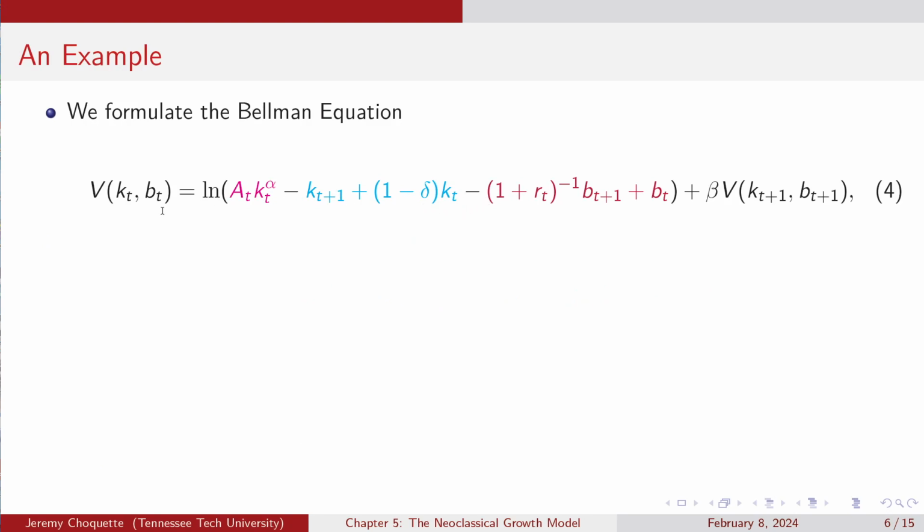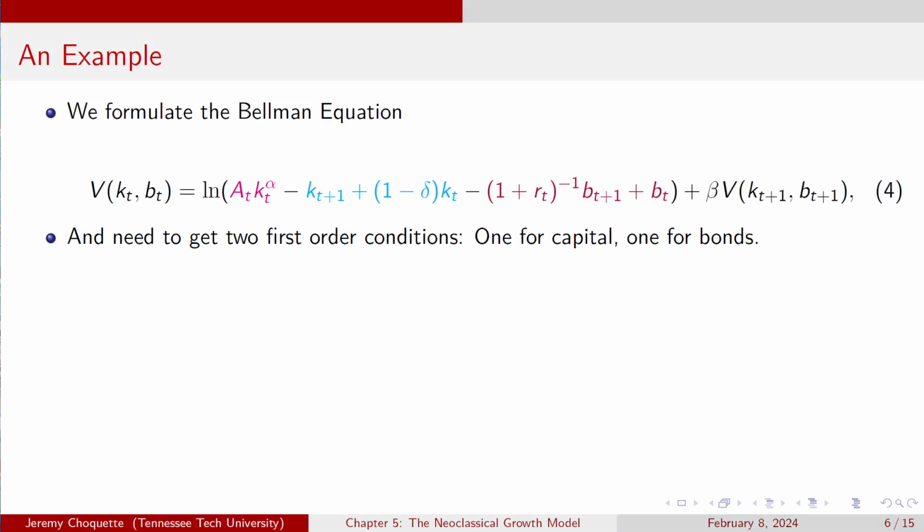So I've got V of KT and BT equals the natural log of AT times KT to the alpha minus KT plus 1 plus 1 minus delta KT minus 1 plus the real interest rate to the negative 1, or 1 over 1 plus the real interest rate, times BT plus 1 plus BT, plus beta times V of KT plus 1 and BT plus 1. This is my Bellman equation in this sense.